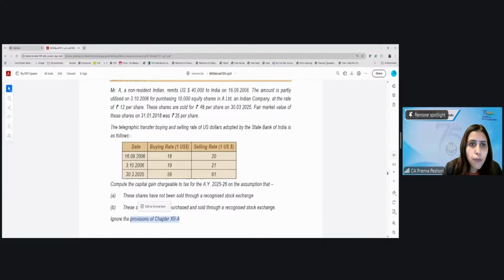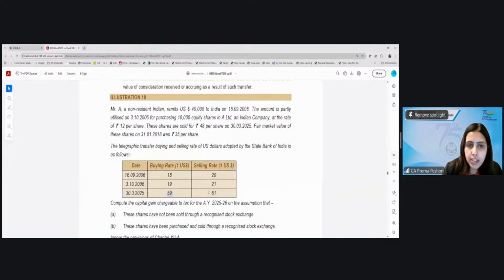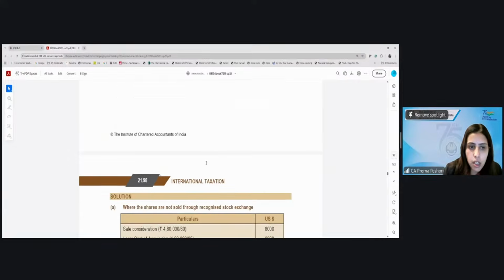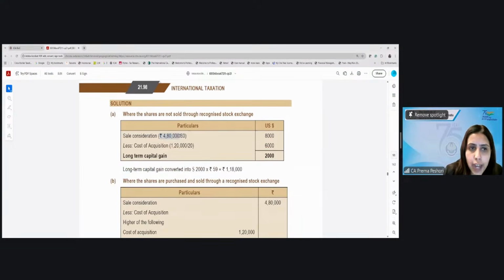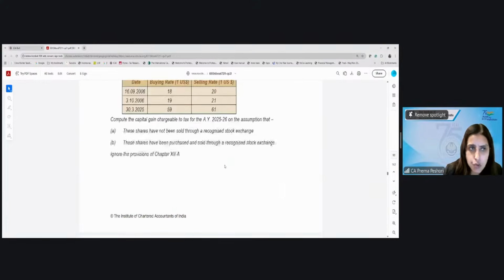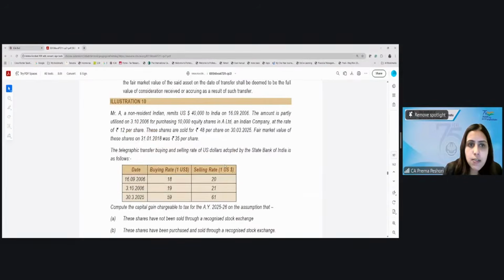The shares are sold for 48 per share. How many shares are there? 10,000. So 4,80,000 divided by, what is the date of transfer? 30th March. On that day we have to take the average of TTBR and TTSR, which is 59 plus 61 divided by 2 comes to 60. Right? So 4,80,000 divided by 60, 8,000 USD is my sale consideration. There are no expenses on transfer.